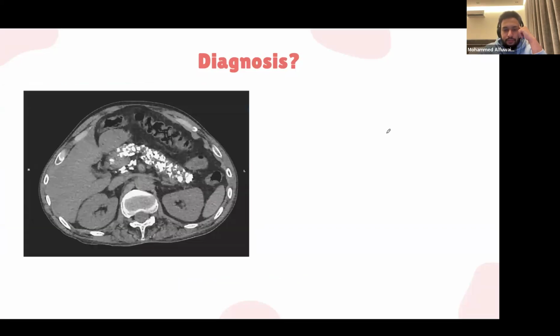Okay. How about this patient? Chronic pancreatitis. Good. Okay, you see calcification and fibrosis. What's the most common cause of chronic pancreatitis worldwide? Alcohol. Good.